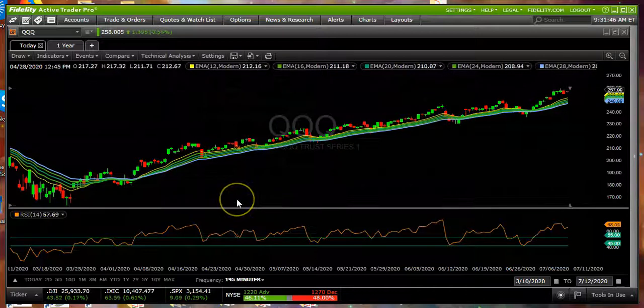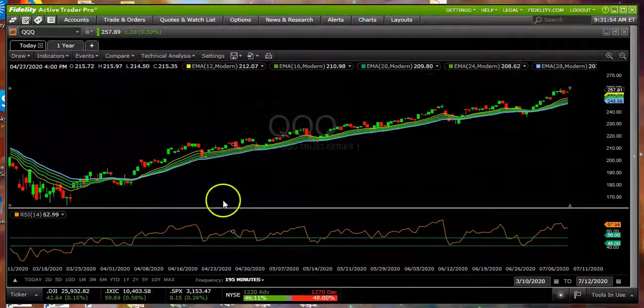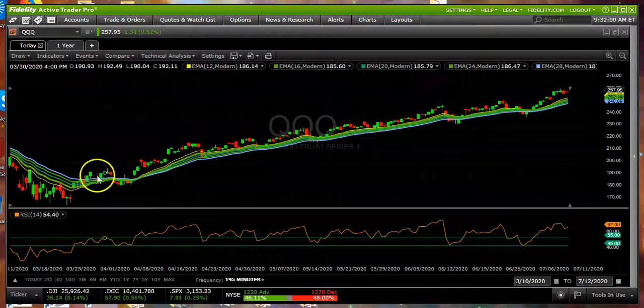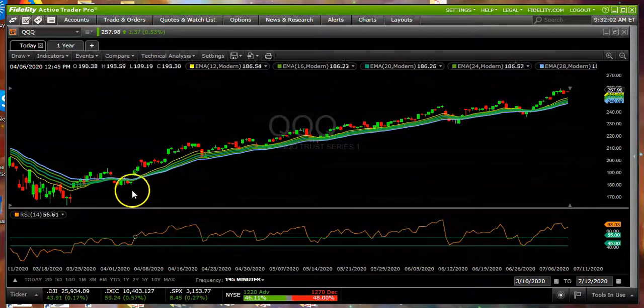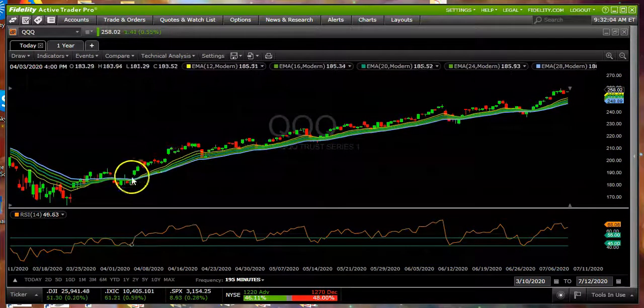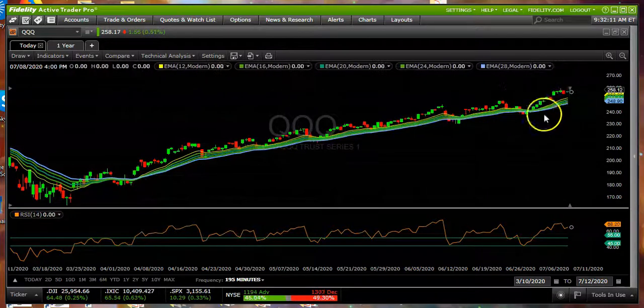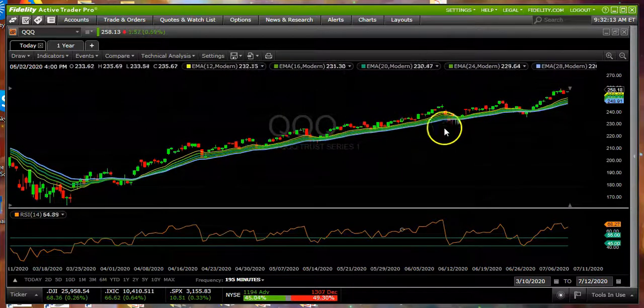One of the things that I'm very careful to watch out for is not taking trades that are called counter trend trades. Right here we see that the moving averages have crossed over and are pointing higher. This is an indication that the short-term traders are leading the charge, but the long-term acquisition buyers are acquiring stock at this point in time.